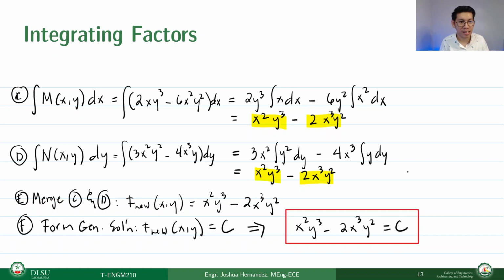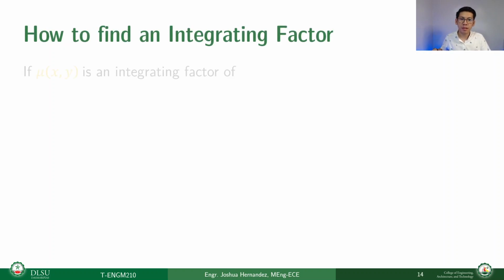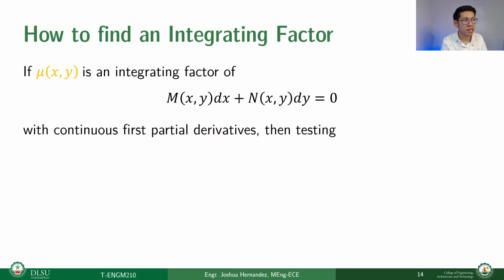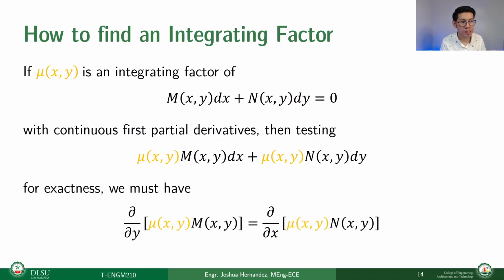If mu(x,y) is an integrating factor of the differential form M(x,y) dx plus N(x,y) dy equals 0 with continuous first partial derivatives, then testing this equation for exactness, we must have the partial derivative with respect to y of mu M equal to the partial derivative with respect to x of mu N. So what did we do here?